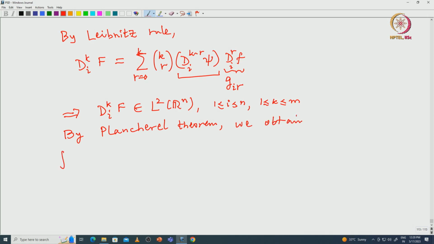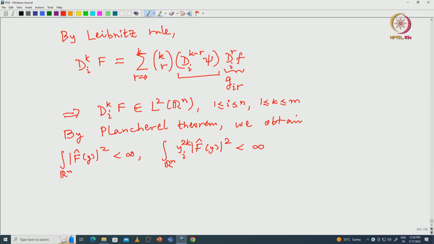We have this integral over R^n, and let me use the y variable for the Fourier transform variable, of y_i^{2k} |F hat(y)|^2 dy is finite.